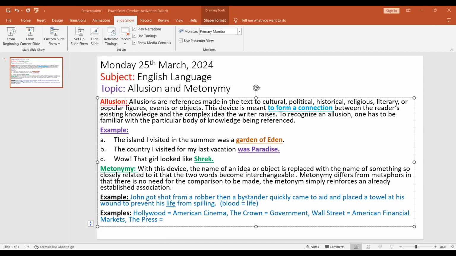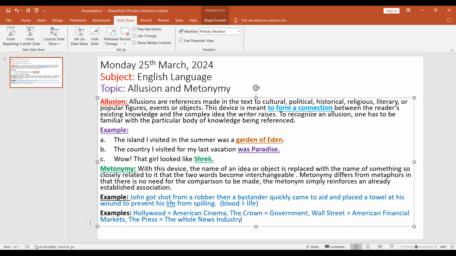That represents journalists, media outlets, the printing press. At first, the press only referred to printed material, but now when we say the press, we're talking about the whole news industry. So the press means the whole news industry.